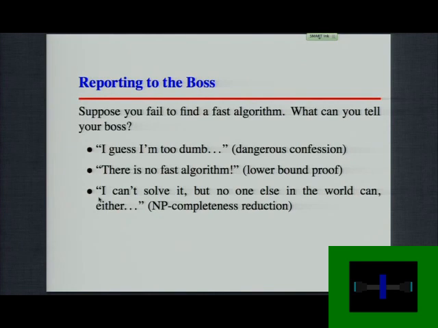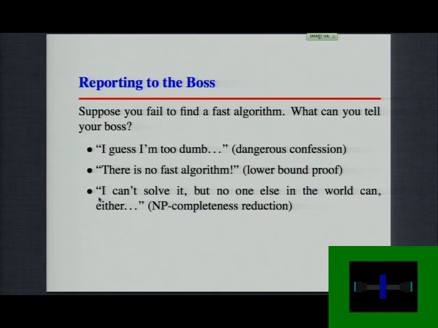Does everybody see that? You can convince the boss that nobody else can do it. It's almost as good as an absolute proof it can't be done. It turns out these can be done in a reasonable way. Once you really get the hang of doing these things, to someone who's skilled in the art, it's often very easy to see why a problem is NP-complete, meaning that no one else in the world can solve it.